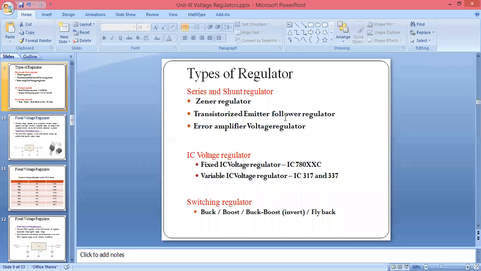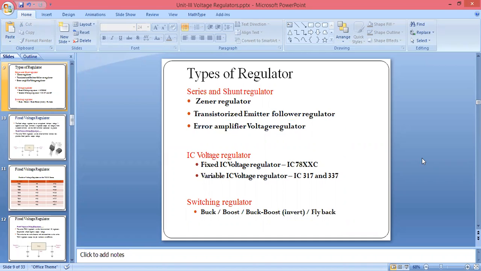So 78XX will give a fixed output voltage that will be positive. And 79XX will give an output DC voltage that will have a fixed value, but it will be negative.